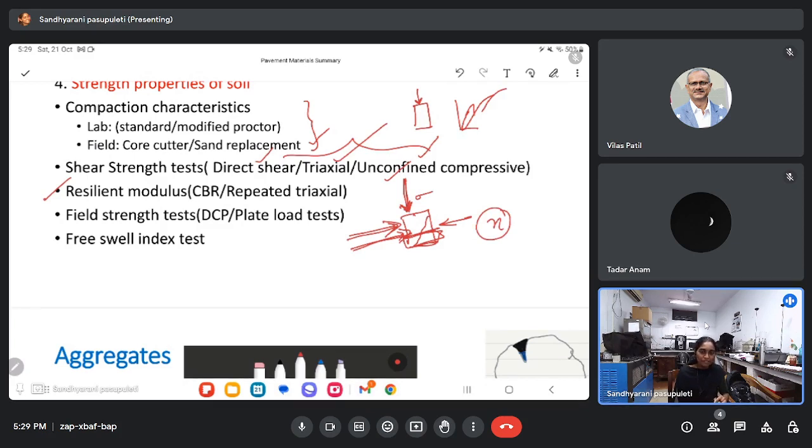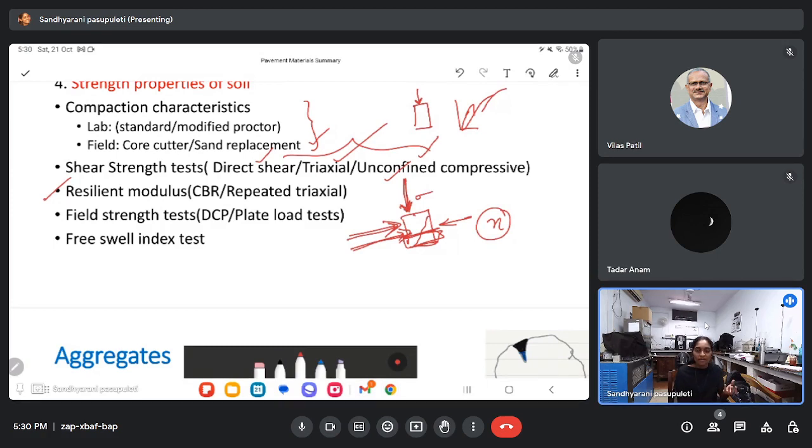After that, if you take the soil and keep on applying compaction using a roller compactor, let us say a roller is rolling on the soil, after let us say 100 passes, the soil becomes so stiff that even if you allow many more passes, there is no chance for further compaction, because whatever voids were available have already been compacted. After that, the material starts behaving as an elastic material.